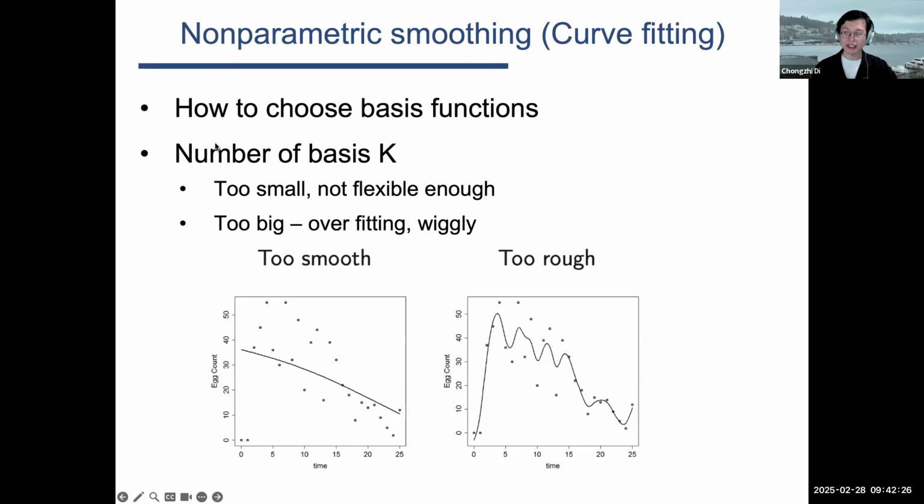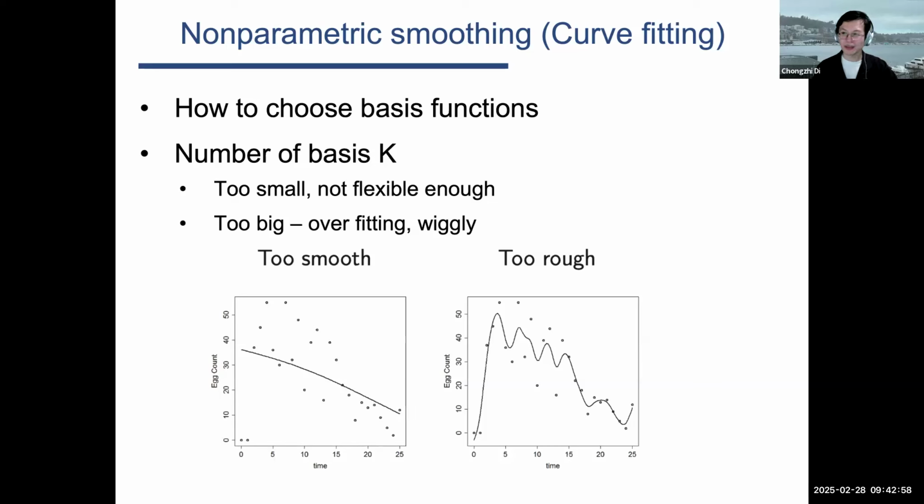Statistics is all about the trade-offs or compromises. If we choose the number of basis functions too small, what usually happens is your model is probably not flexible enough. Thinking about, let's say you just use only a single linear function, you choose 1 and t as your basis, right? It's not going to be flexible enough. But then if you choose too many of them, it's also not the best in the sense that you are probably going to overfit.